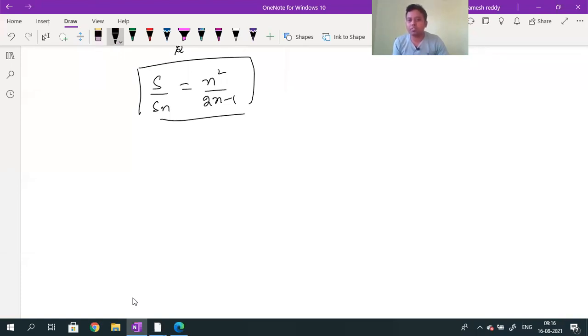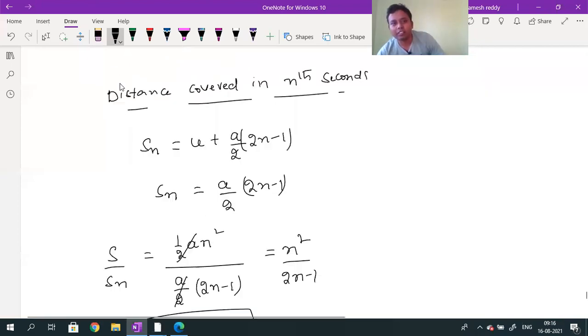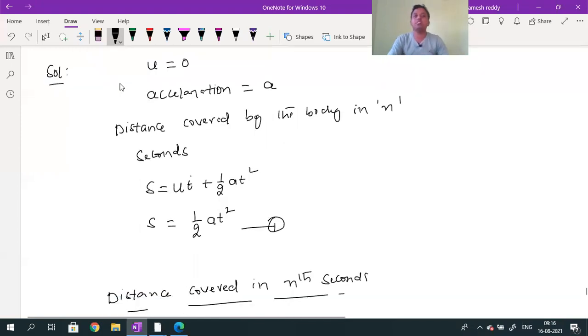Next, one more question. In the earlier step, you have taken S is equal to half at square, where t is the time taken. Here, the time of journey is given as n seconds, so I need to write n square here also. What is t given?